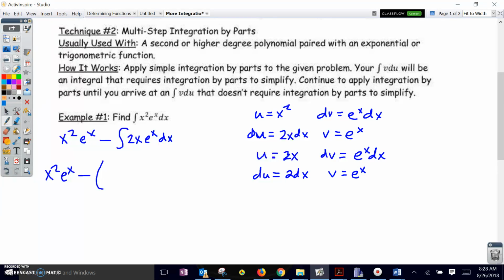So now I'm going to have u times v minus the integral of v du, and I'm just going to go ahead and distribute that subtraction sign.